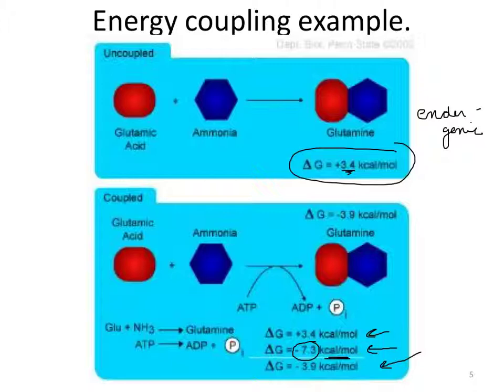So by coupling the exergonic reaction, that is ATP hydrolysis, to this endergonic reaction, which is glutamine synthesis, we have a net negative delta G. It is thermodynamically possible, and the cell can do it. They can actually run this process. And that's the beauty of energy coupling: to loan energy from ATP hydrolysis into endergonic processes.